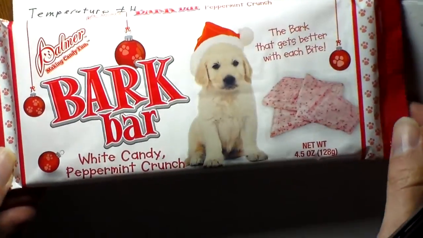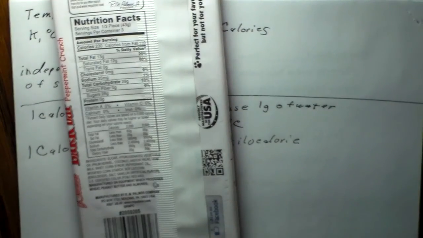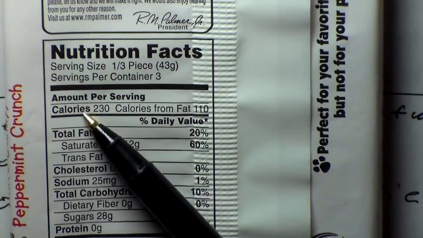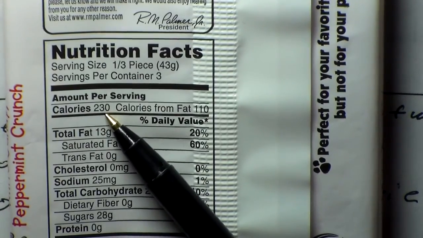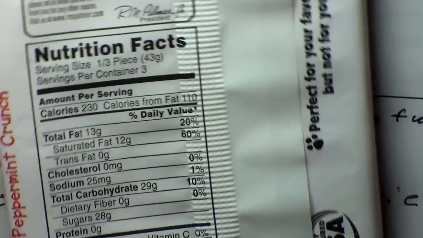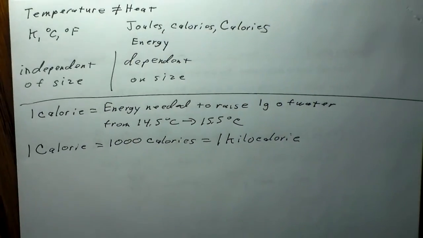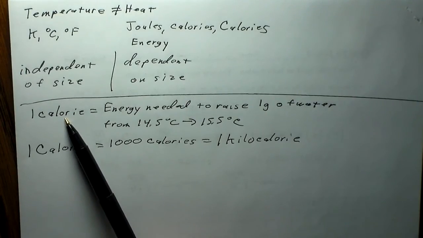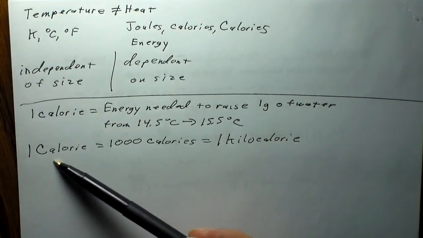So if you look on your cute little candy bar here, and if we just zoom in a little bit, when it says how many calories, this is referring to how many kilocalories. So we always have to remember when we're dealing with any food items, you're actually multiplying it by 1,000 to get this calorie definition that we have over here. So that's what we just have to be aware of, that these are food calories which are referring to these capital calories over here.